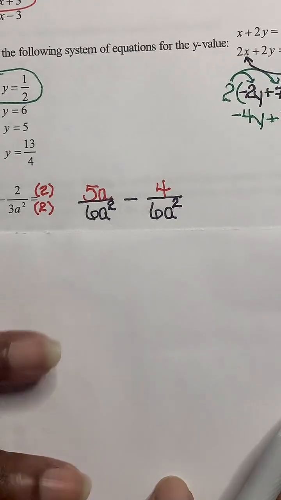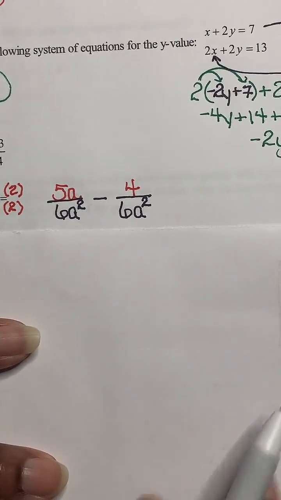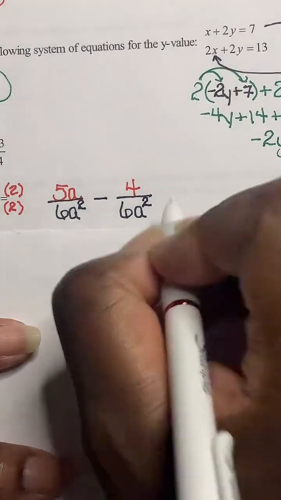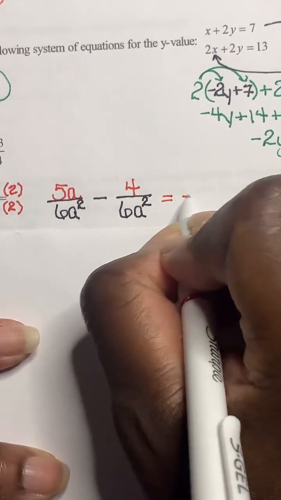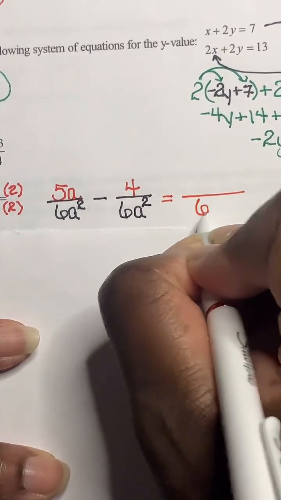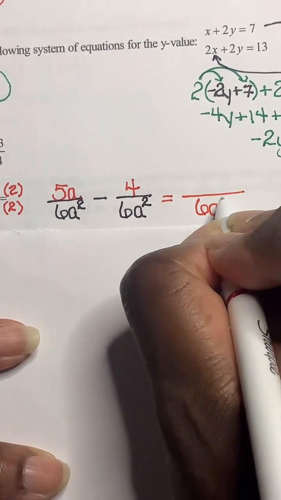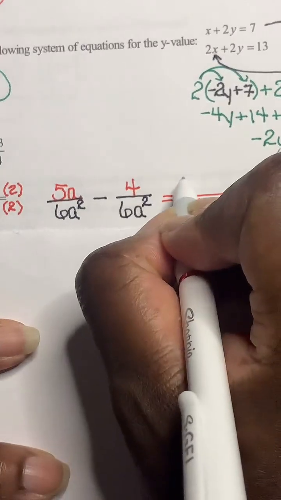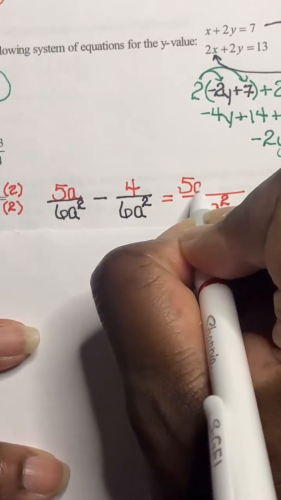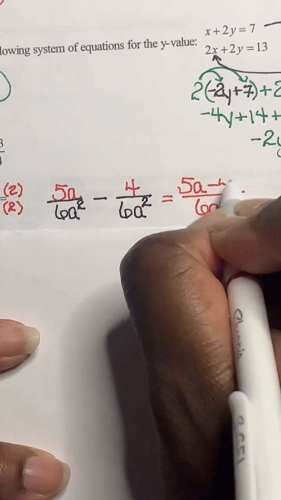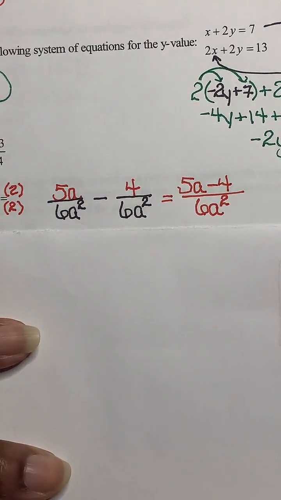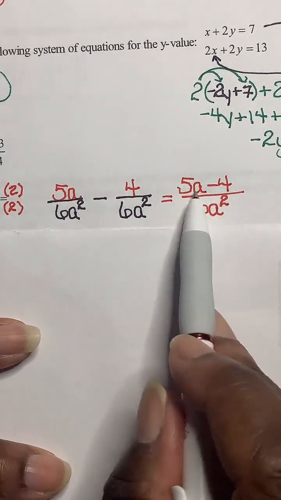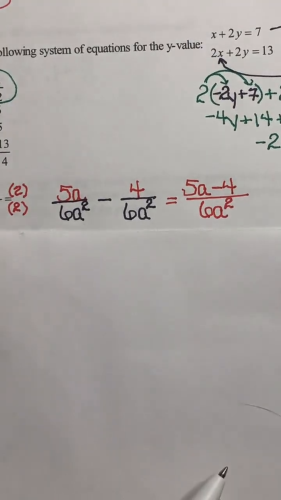And you're probably like, but it's not giving me a number. Perfect. It's not supposed to. It's supposed to give you this lovely ratio. So we have our 6a squared, but it's going to be over 5a minus 4. We can't do anything with 5a minus 4.